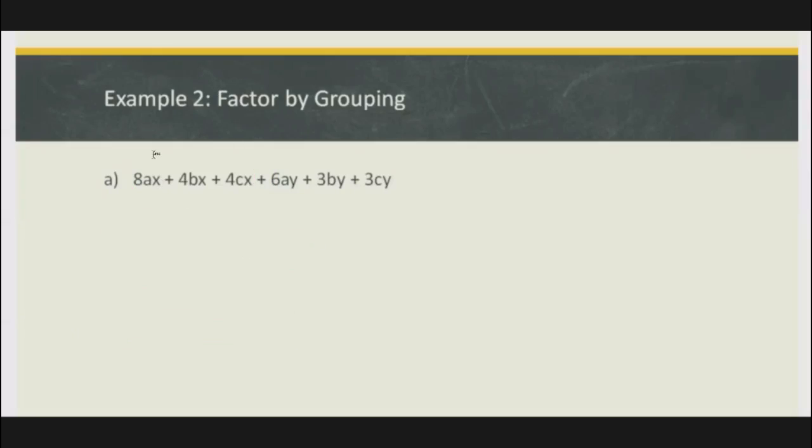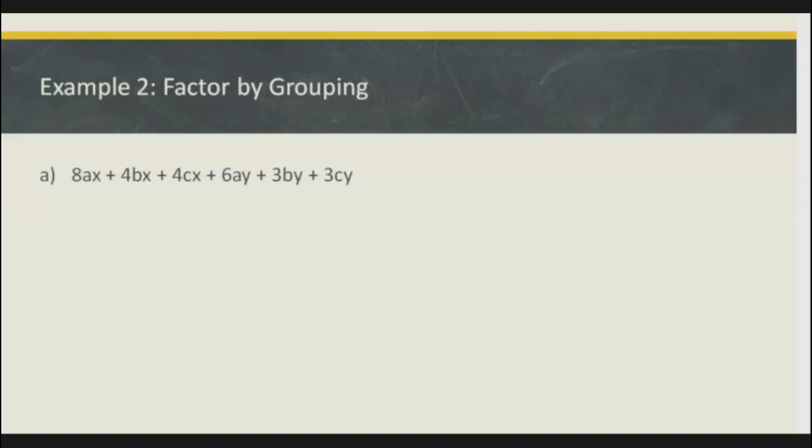Okay, example number 2. This is a factor by grouping technique. So I have more than 4 terms. I have 6 terms. So we have to figure out logically where it's most sensible to group them.